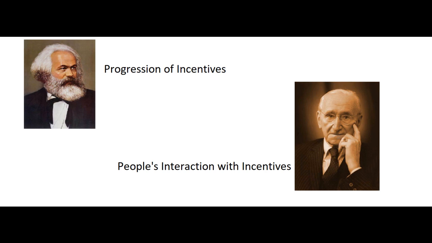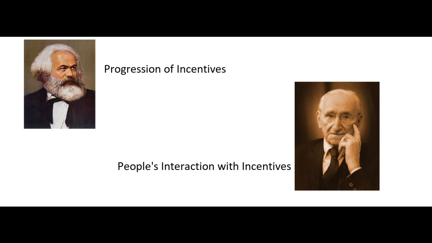Because of that, I'm going to take both Marx's model and Hayek's model and find a way to combine the two so that we maximize the nuance in this particular part of the political model.